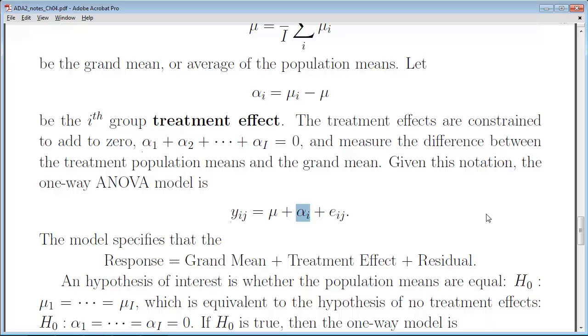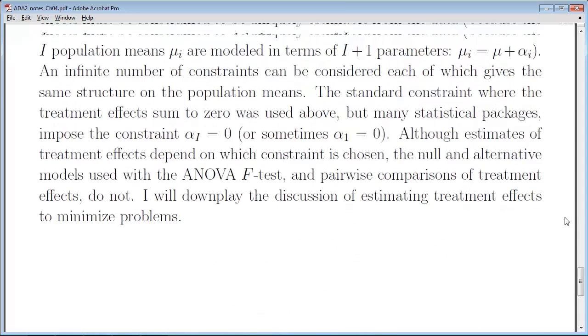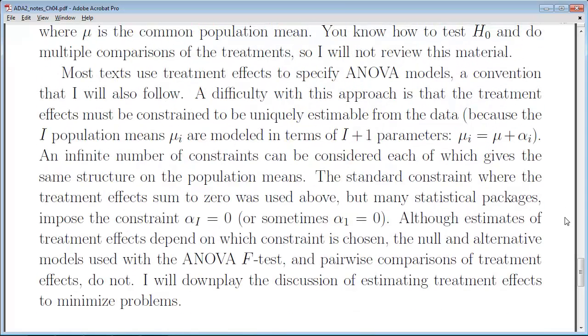So that's a third way of specifying the model, which is different from the two ways that we just saw. The only real important difference is, what I just said is how R does it: it sets alpha 1 equal to 0. SAS sets alpha i equal to 0, the last alpha, which makes the last group the baseline group.